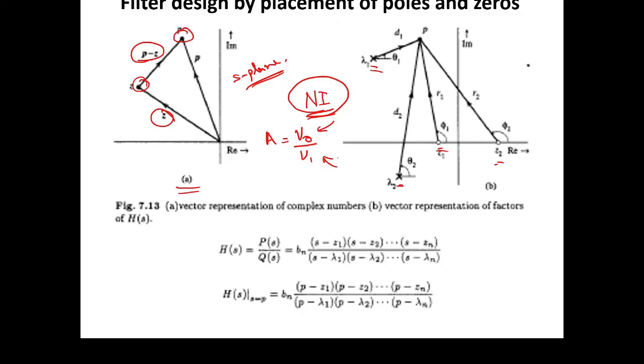Since we are talking about designing a filter in the S plane, the function would be of S. So we can rewrite this modified non-inverting amplifier as A(s) equals V0(s) by Vin(s), right?